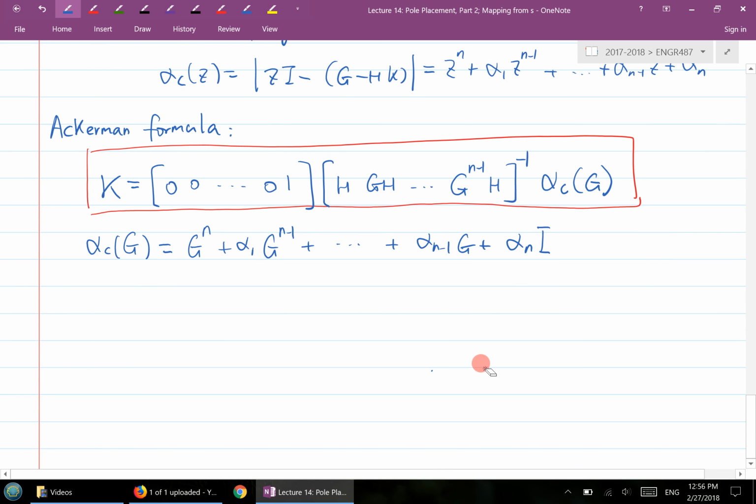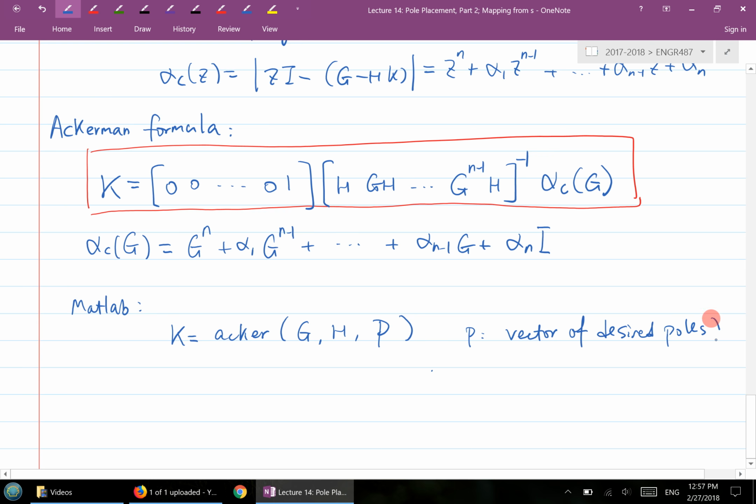Now, in MATLAB, you have a command called acker. With that command, you feed in the G and H matrices, and also give a vector P. That will return the gain matrix K. P here is a vector containing the desired poles.